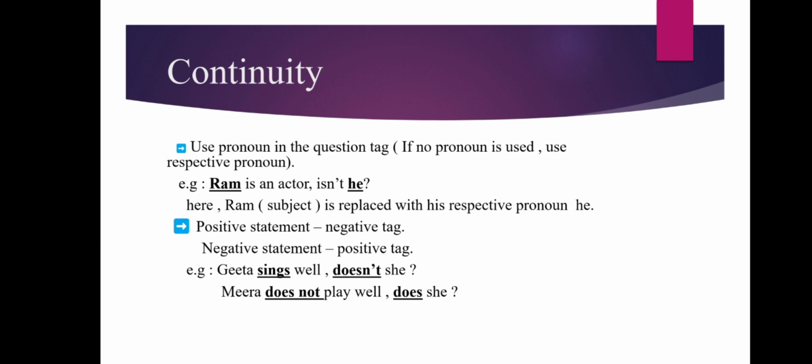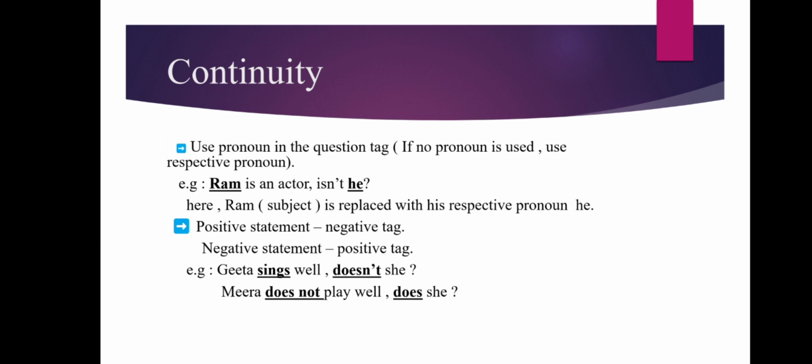Ram is an actor. Here is is the helping verb, and you start the question tag with the helping verb is. This is a positive statement, so we construct the question tag in the negative form. We have transformed is into isn't, then we change the subject Ram into a pronoun, so we have used he here.